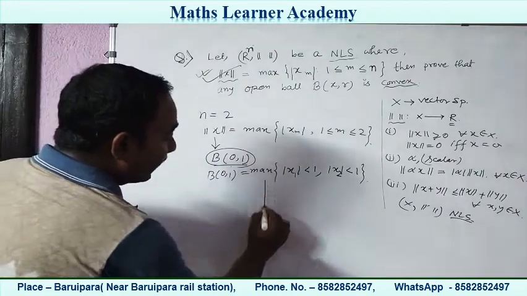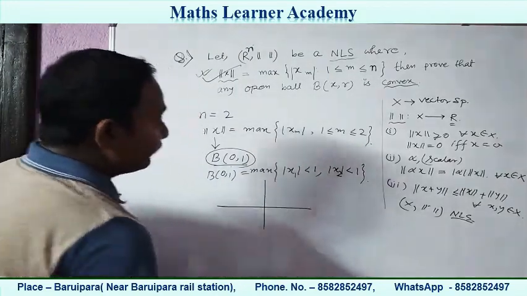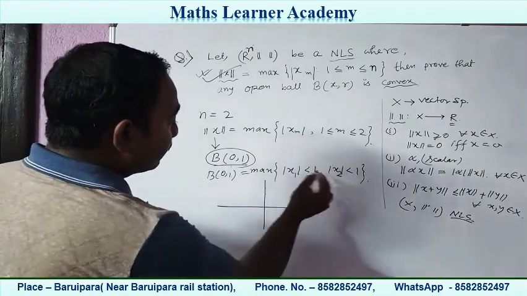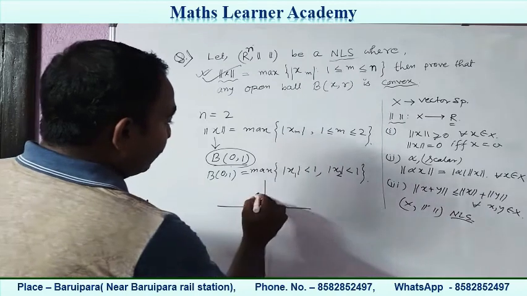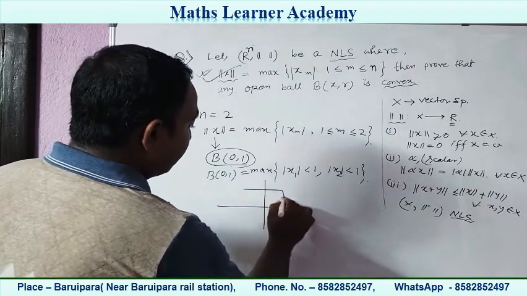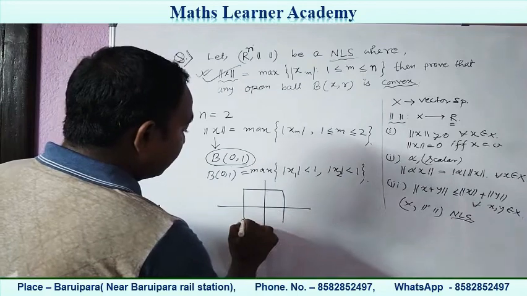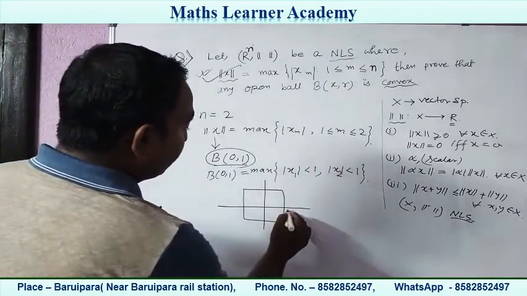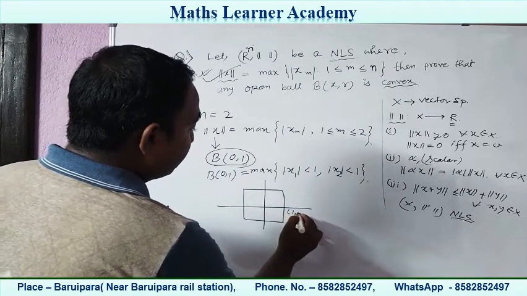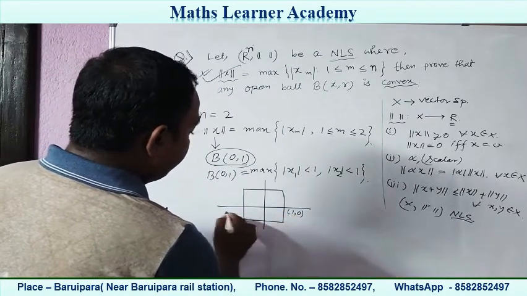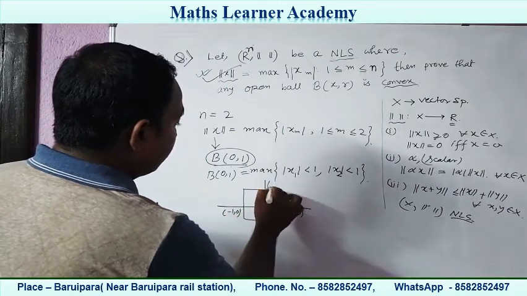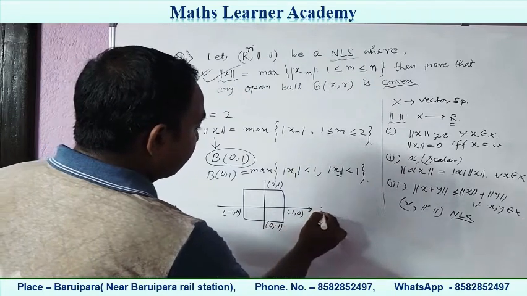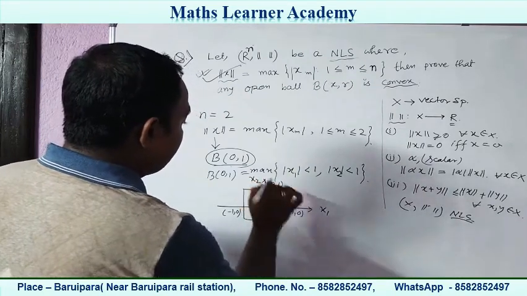Now try to draw this open ball, right? So here |x1| less than 1 actually gives the square. This is the point (1,0), (-1,0), this is (0,1) and this is (0,-1), and this is the x1 axis, this is the x2 axis.